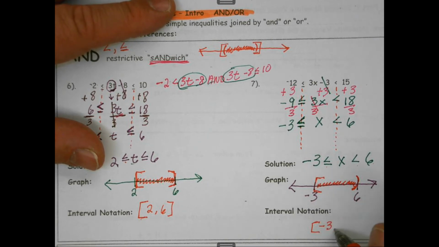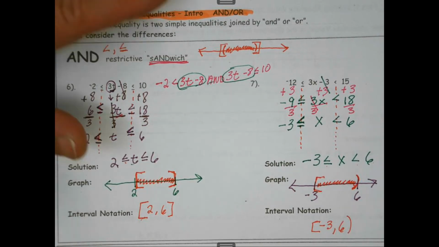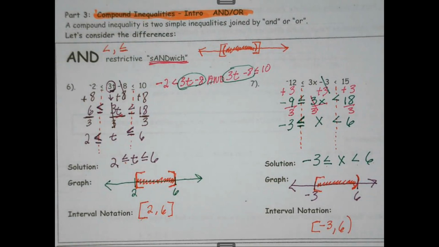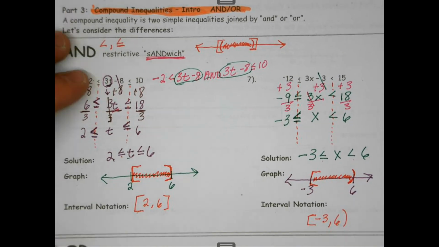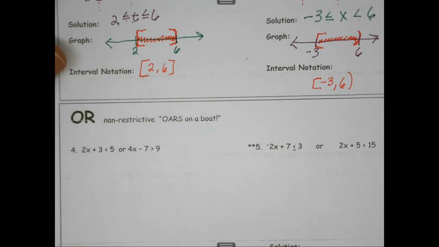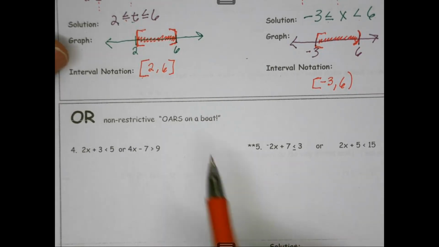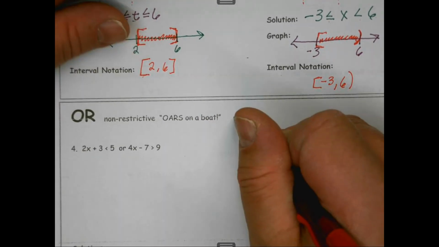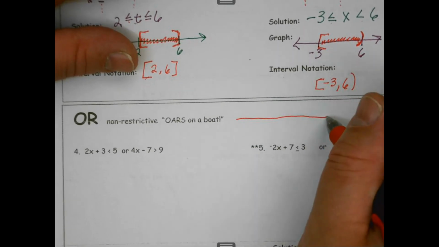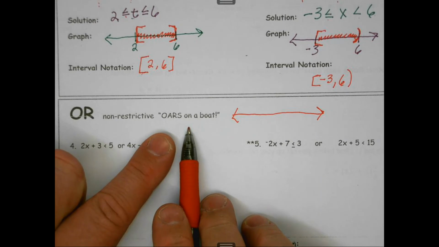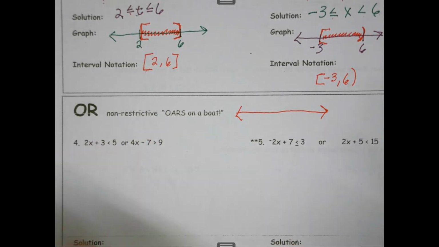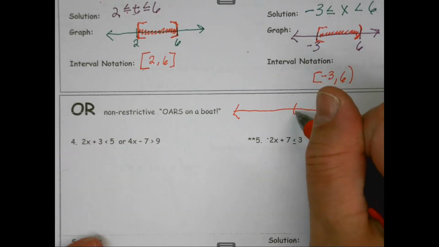Now, the or statement. Somebody came up with oars on a boat, non-restrictive, which means this is where your two inequality statements go opposite ways. So you're either going to have a parenthesis or bracket going out to positive infinity, and a parenthesis or bracket going out to negative infinity.